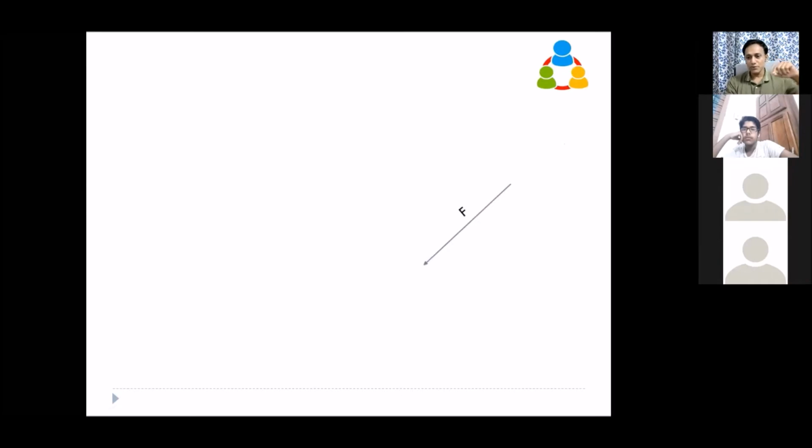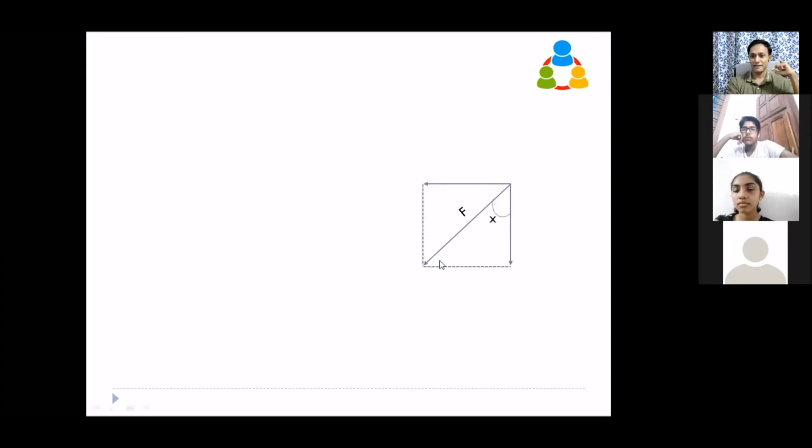Okay. So now you assume the shape. I take this angle as X. Previously I took this angle as X. If I take this angle as X, what is this value? It's cosine.